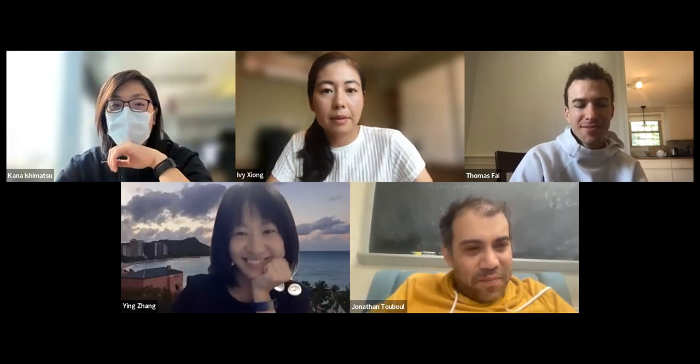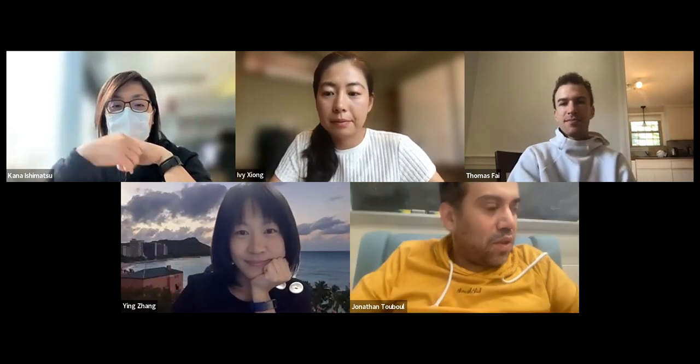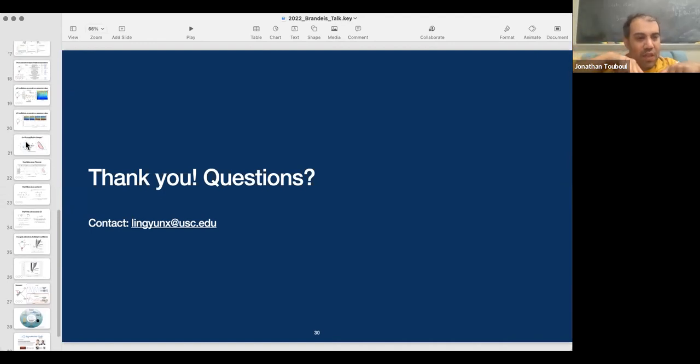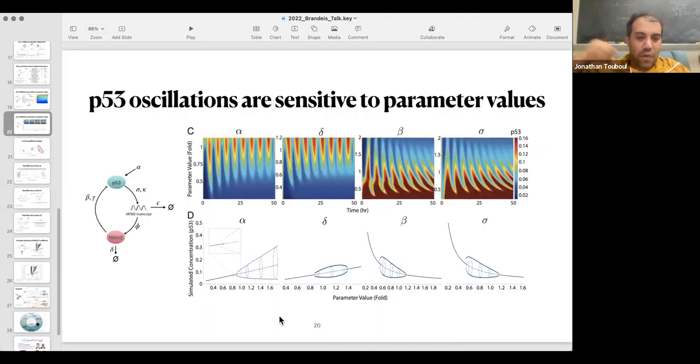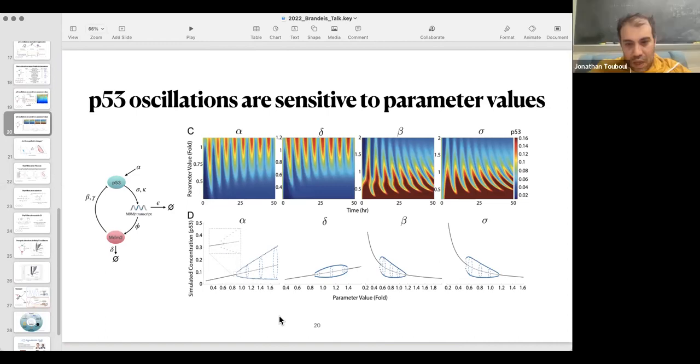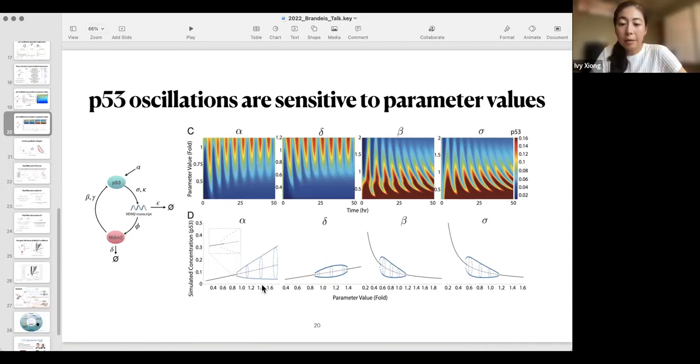I had a question about the type of Hopf bifurcation that you have. It seems that you have a subcritical Hopf, creating unstable cycles and then a fold of cycles. On the other side, is it the same? Yes, all four are subcritical.